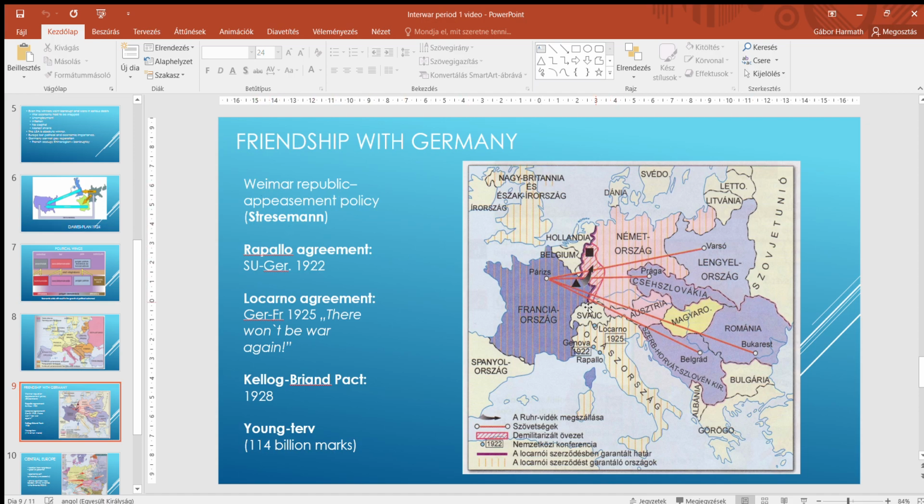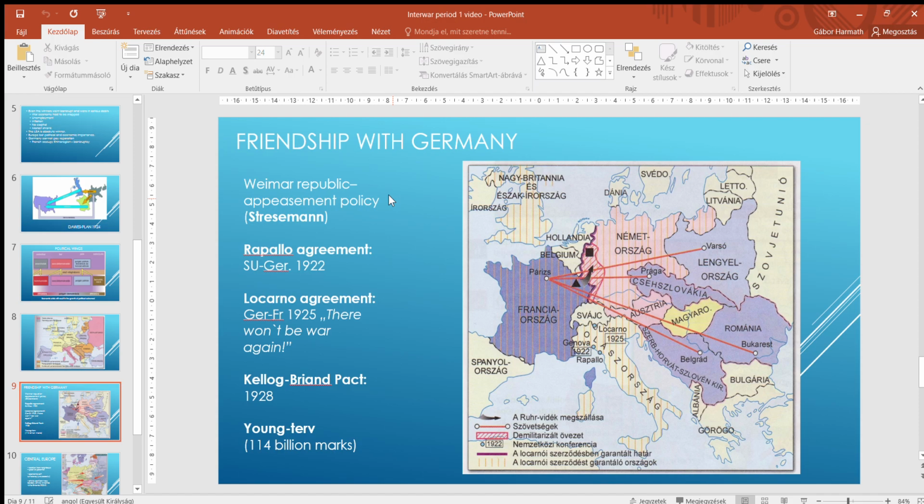Different nations started signing agreements with Germany. In Germany, there was the so-called Weimar Republic. So in Germany, they started a kind of democratic system with a lot of parties. Their leader was Stresemann. His name is important because he is the person who actually represents the Weimar Republic.